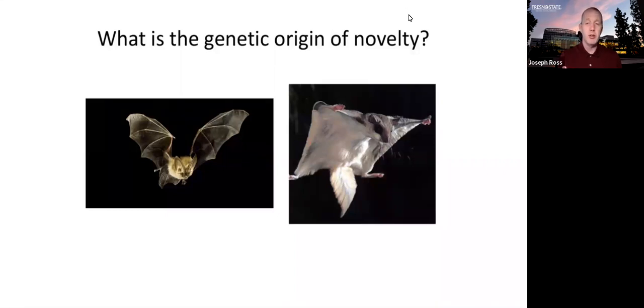My apologies to the mammalogists who are watching and who now don't believe that I know what I'm talking about. But regardless, this developmental trait is different from this developmental trait. The cells that are in between the fingers, so to speak, are different from the origin of the cells that are in between the limbs.